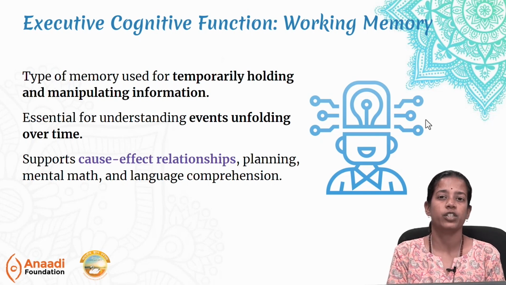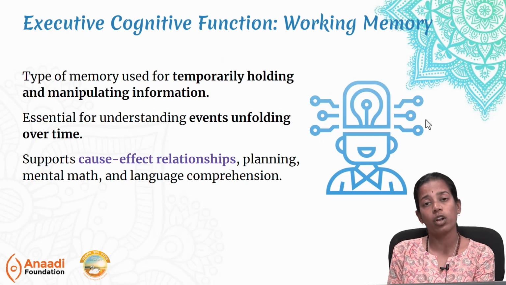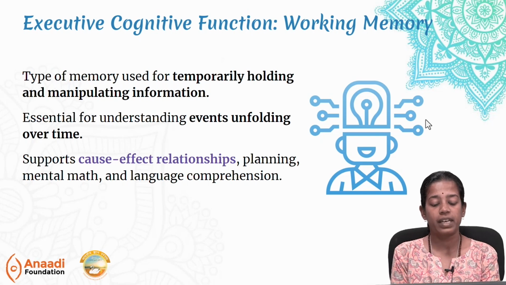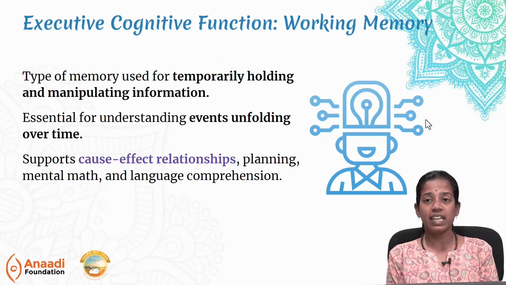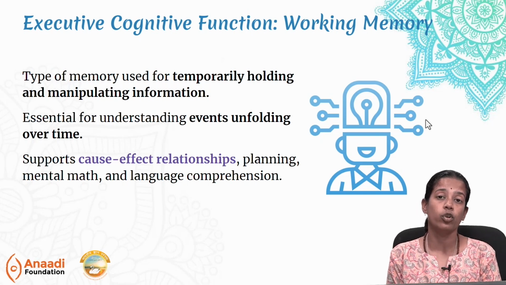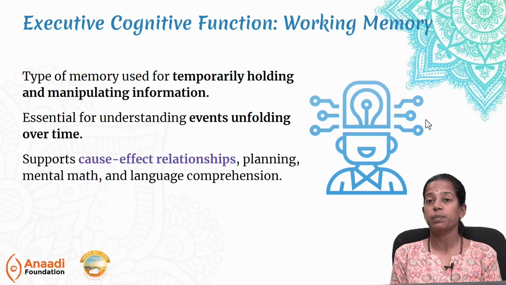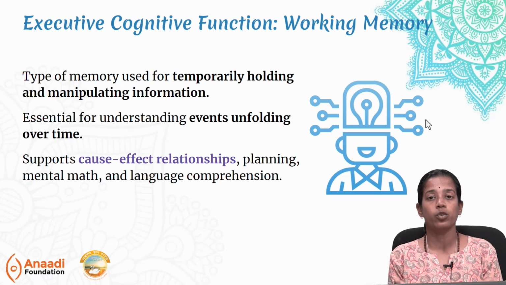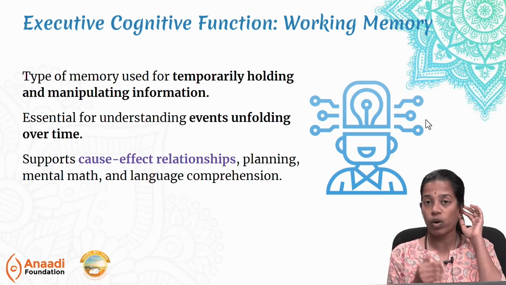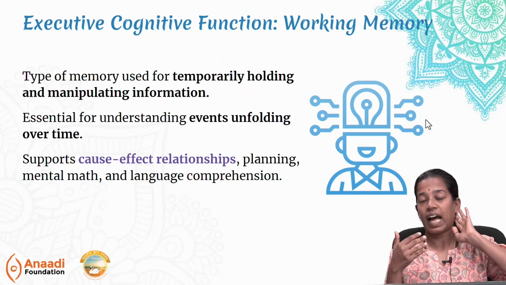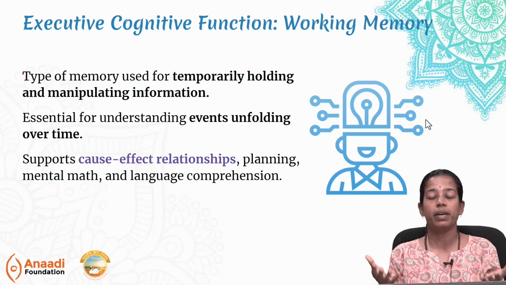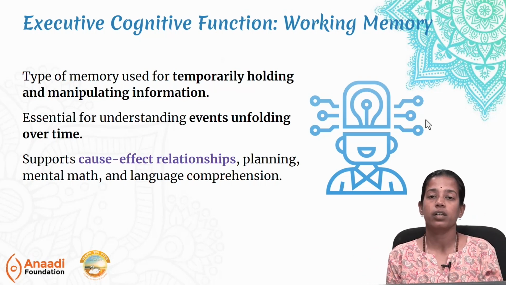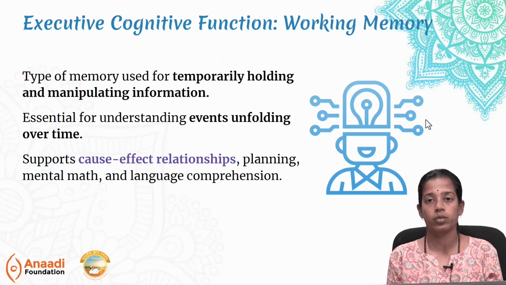Temporarily holding information and manipulating information are all done by working memory, essentially for understanding events that will unfold over time. Whatever details are presented to you right now, you hold in your memory, and when the actual event unfolds, you are able to retrieve this data and use it for an appropriate cause.